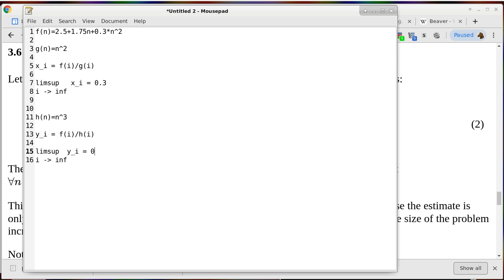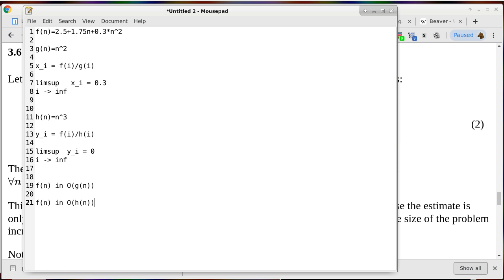So are we okay so far with the concept of big O? In this case, what we say is f of n is an element of big O of g of n. F of n is also an element of big O of h of n.